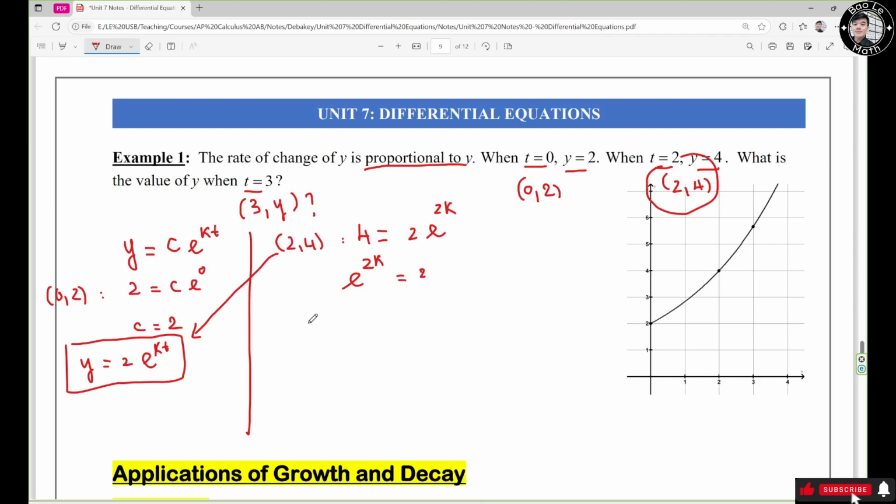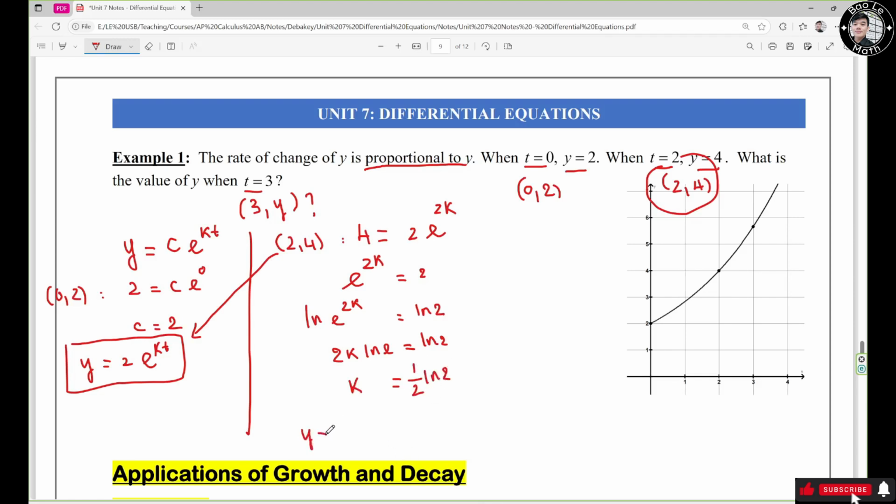Take the natural log of both sides: natural log of e raised to the 2k equals natural log of 2. Bring 2k to the front, and natural log of e equals 1. Divide both sides by 2, so k equals one half natural log of 2.